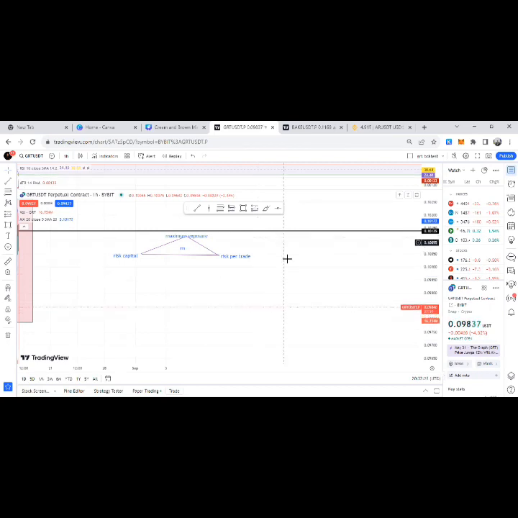Now, you have $10,000 to trade with. Because of your backtest results, you're entering a trade with just $100. Now, on that $100, what is going to be your risk per trade?